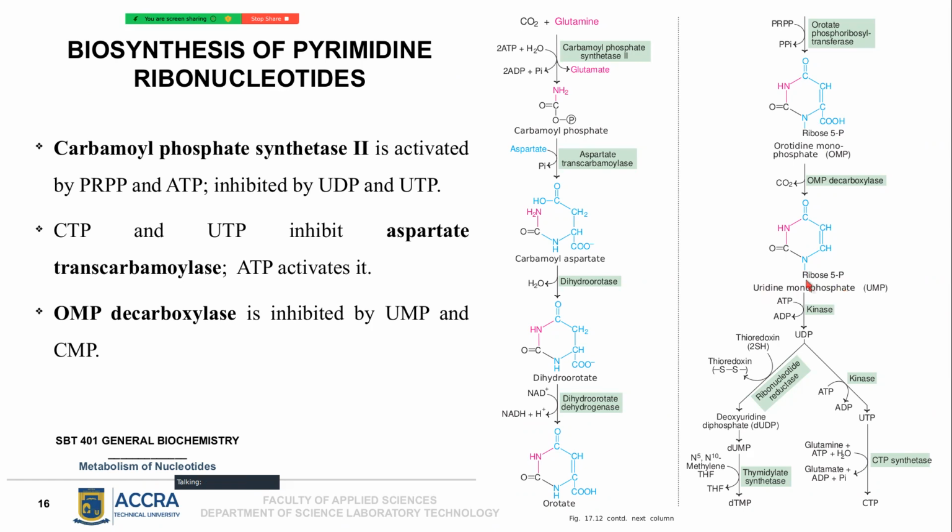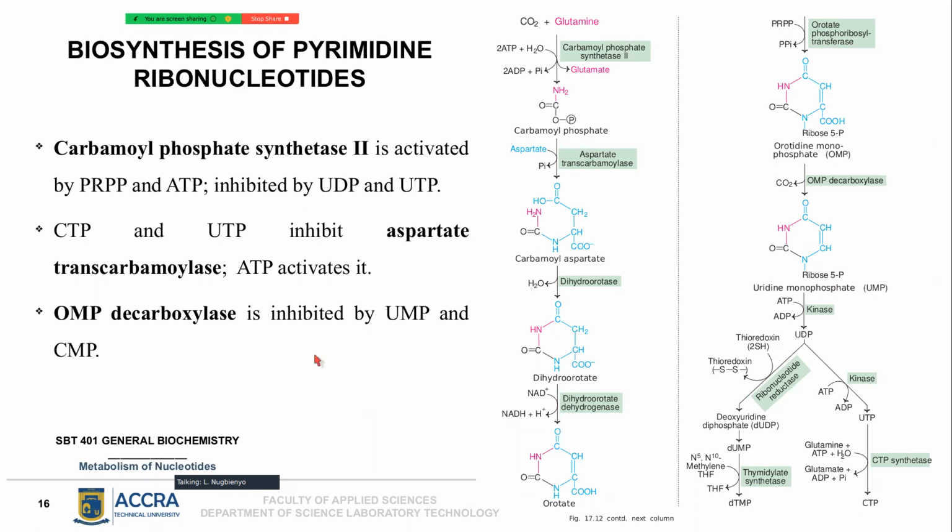And uridine monophosphate then goes further to give you the deoxythymidine monophosphate, and then cytosine triphosphate as the end products that we are seeing here. So you have seen that major difference between the purine synthesis and the pyrimidine synthesis.